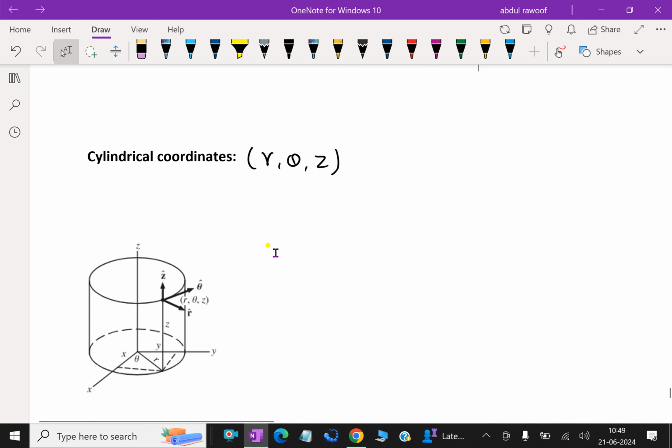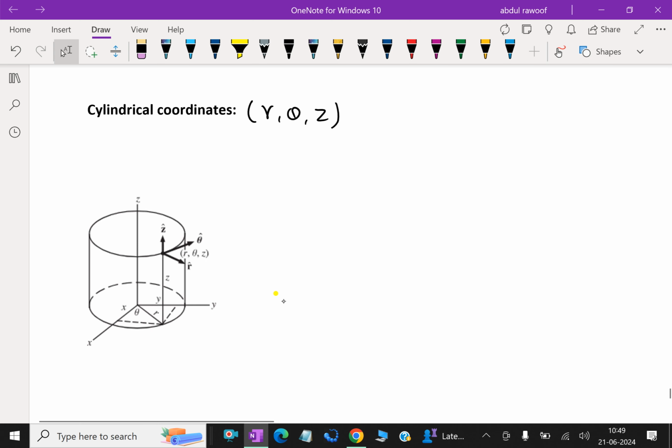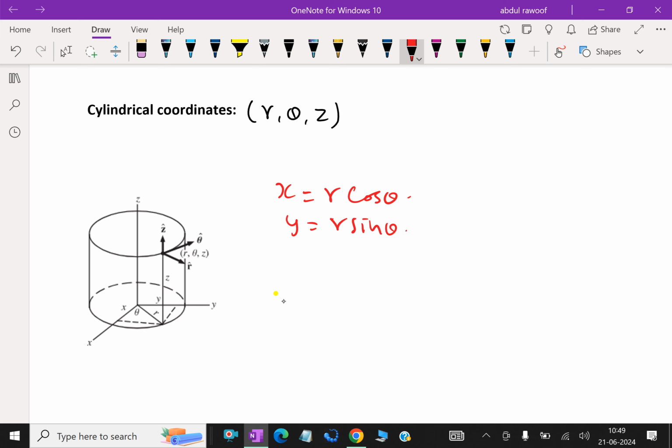The transformation between these coordinates is x equals r cos theta, the polar coordinates, and y equals r sin theta, and z equals z.